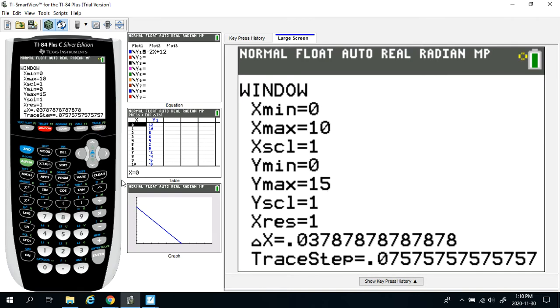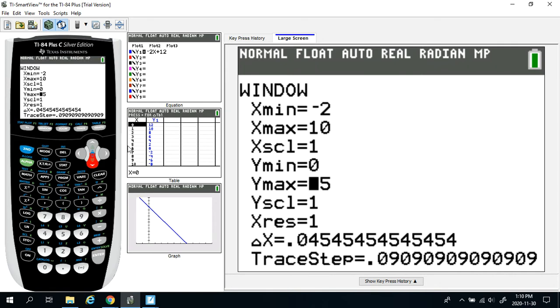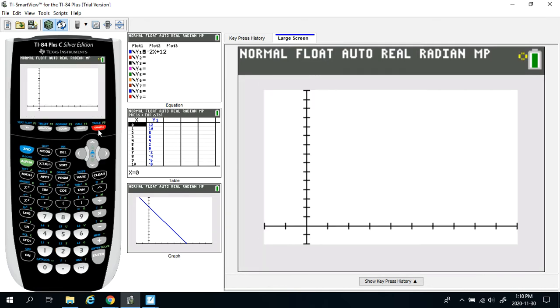So let's change x min to negative 2, and then let's change the y minimum also to negative 2. And if we graph this, okay, now I can see both sides of the y-axis, and I can see both sides of the x-axis. And that's going to be the graph that we're going to plot on our little grid here.